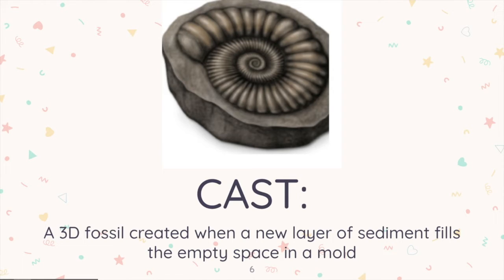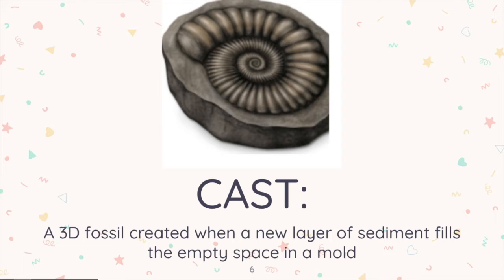Another type of fossil that is very similar to a mold is a cast. A cast and a mold work together because a cast is a 3D fossil that is created when the new layer of sediment fills the empty space in the mold.